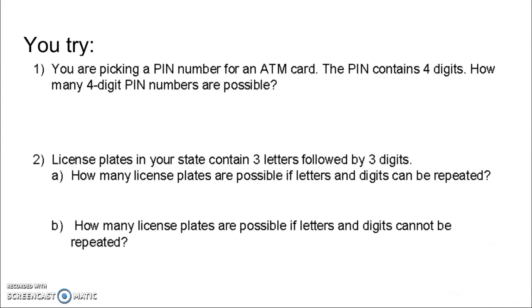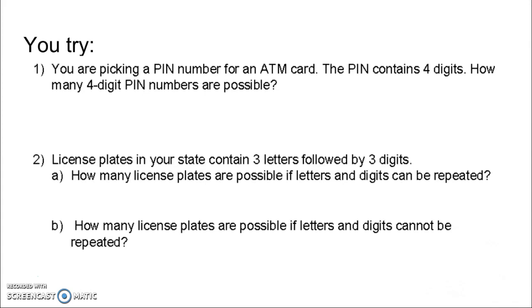So we would now multiply this out. 26 times 26 times 26 times 10 times 10 times 10. And that would tell you that there's 17,576,000 different license plates that are possible if we use 3 letters followed by 3 digits.